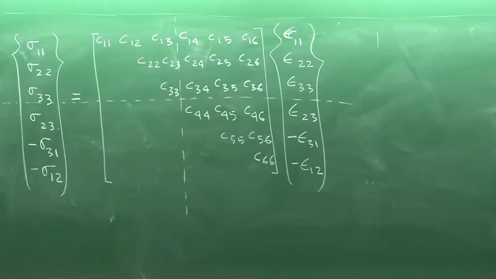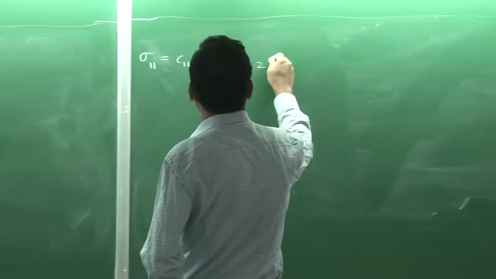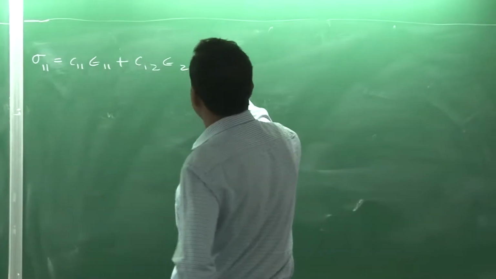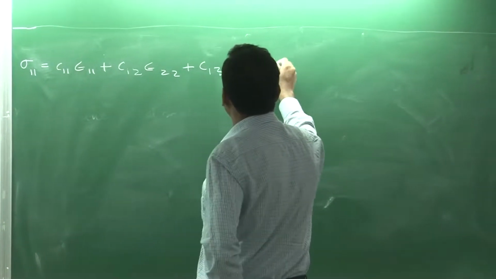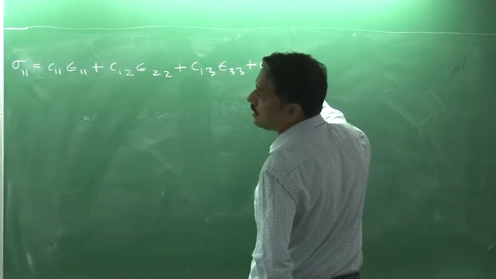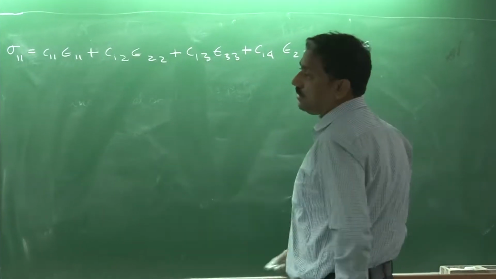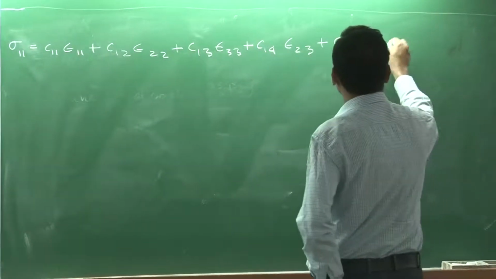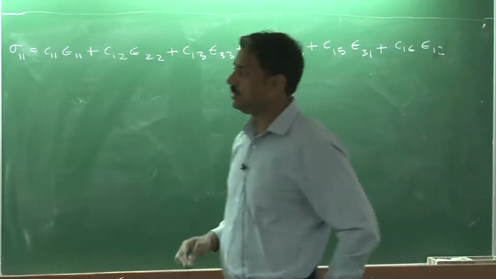So sigma 1 1 is C 1 1 epsilon 1 1 plus C 1 2 epsilon 2 2 plus C 1 3 epsilon 3 3 plus C 1 4 epsilon 2 3 plus C 1 5 epsilon 3 1 plus C 1 6 epsilon 1 2, right, from the first one before reflecting.